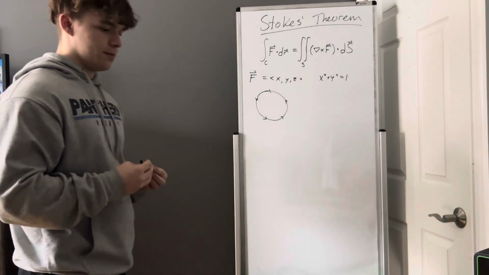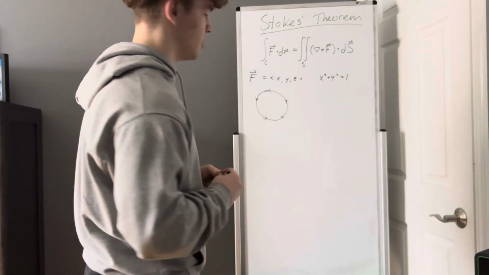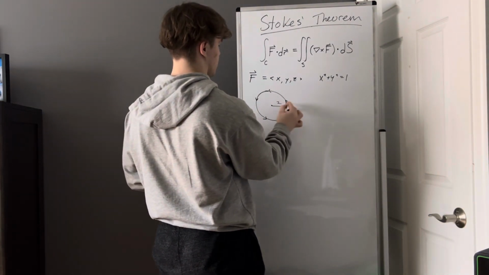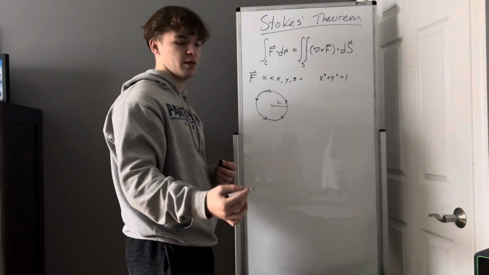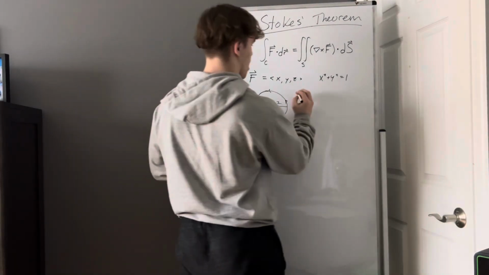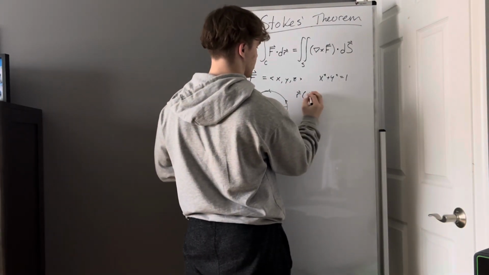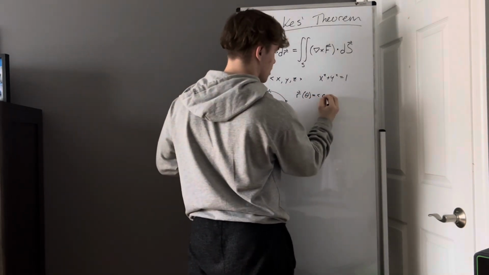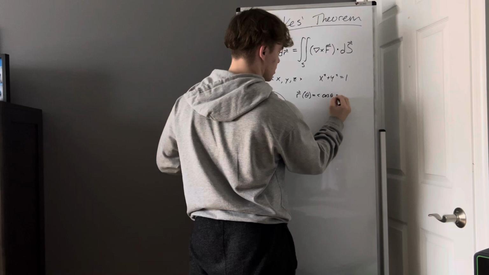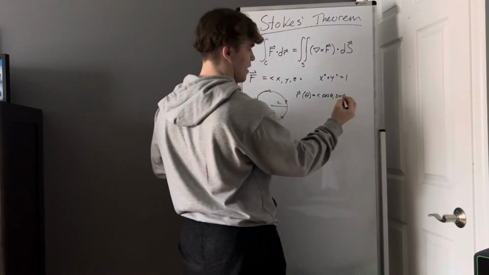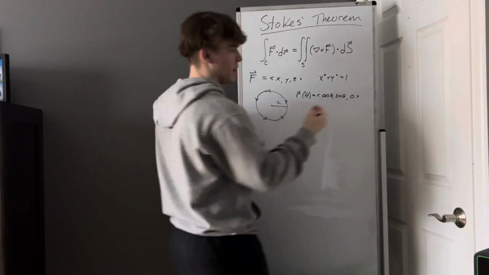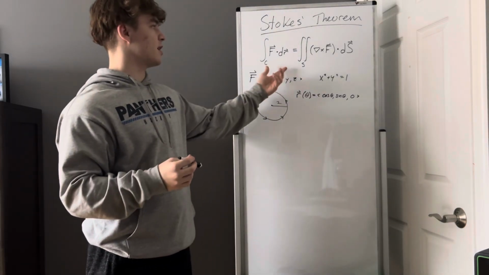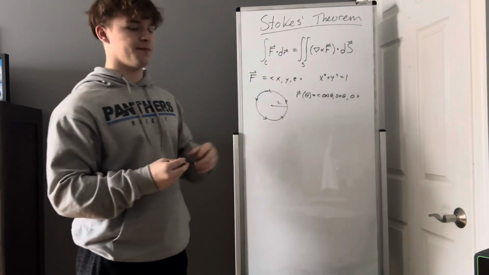So let's evaluate this. Well, we know for a circle, especially a circle of radius 1, we're very familiar with this. Our r, we can represent it in terms of theta because that just feels easier. And it's going to be cos theta, sine theta, and we will have to put a 0 here just to specify that this is at z equals 0, since technically we're in 3D here.